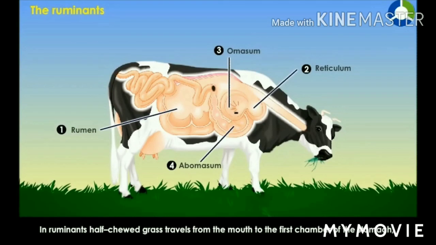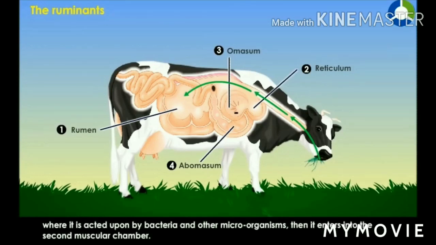In ruminants, half-chewed grass travels from the mouth to the first chamber of the stomach, where it is acted upon by bacteria and other microorganisms. Then it enters into the second muscular chamber.